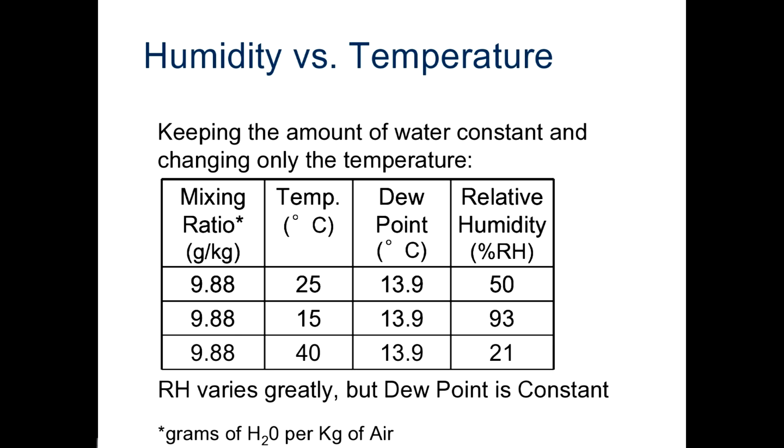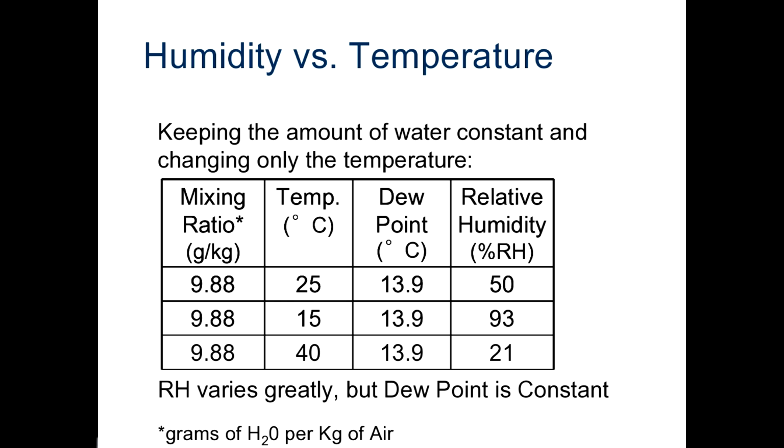And if the temperature is 25 C, we would have 50% relative humidity. Now, if we kept that same amount of water, in other words, 9.88 grams of water per kilogram of air, and simply changed the temperature, in this case to 15 degrees C, we'd see that the relative humidity would go up substantially. Now, if we were to take that same amount of water in the air, keep it constant, and increase the temperature, we would see that the humidity drops considerably.